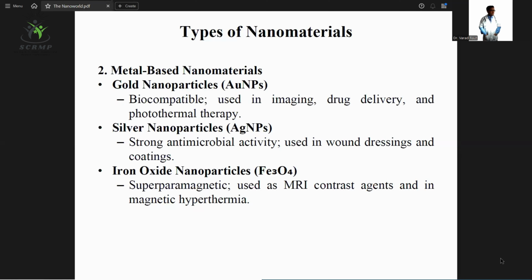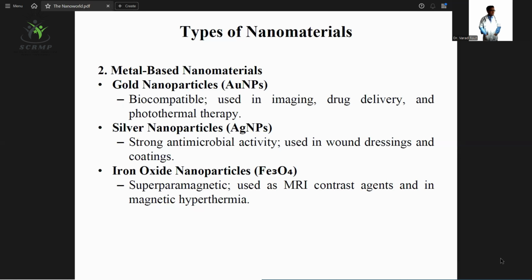Another use of iron oxide nanoparticle or iron nanoparticle is magnetic hyperthermia. Magnetic hyperthermia is a cancer treatment technique that uses magnetic nanoparticles to generate heat in a specific area. Typically a tumor is destroyed by applying an alternating magnetic field.